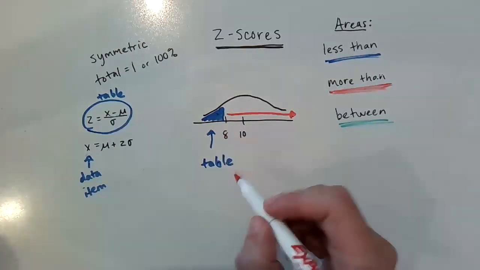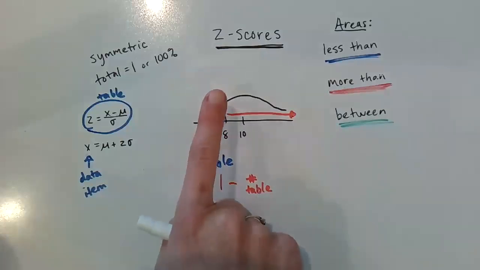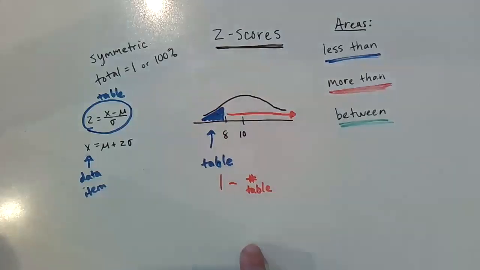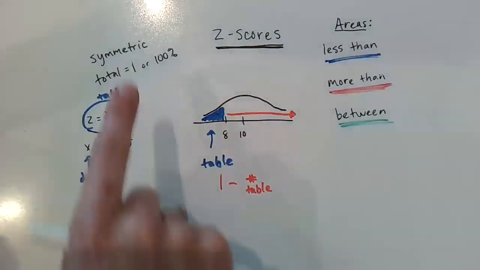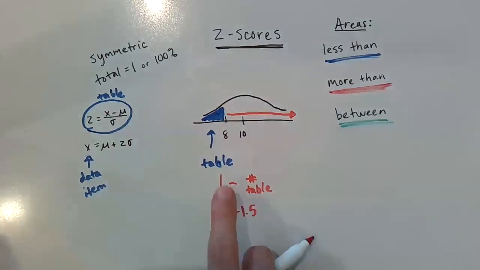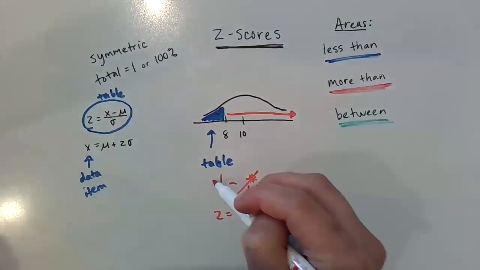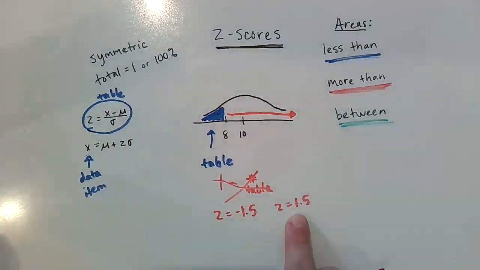Right, so I'm going to put 1 minus the number you get from your table. If I subtract this, I'm going to get the right side. Now, I previously just talked about symmetry. So let's say our z-score wound up being negative 1.5. Well, instead of doing the 1 minus, you can forget about that. You can just look up the z-score of 1.5, and it's going to give you the same result.